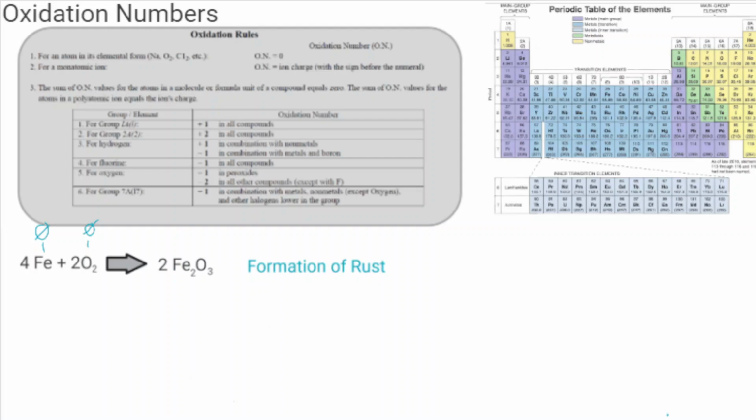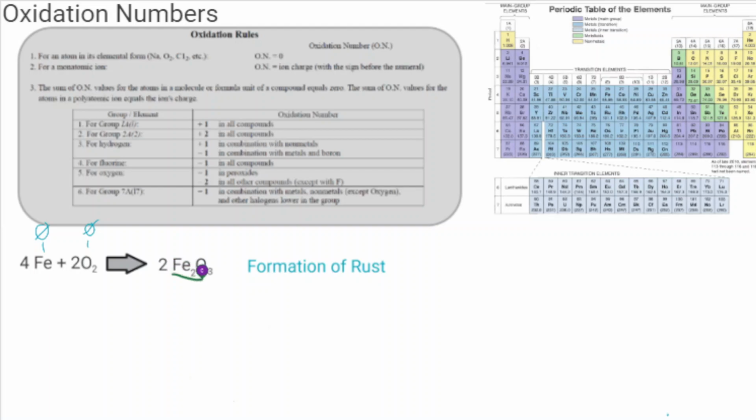All right, then we finally get over to the product side. Now we have our iron oxide here, and one thing to keep in mind is you don't need to worry about these coefficients here. That doesn't really affect the oxidation numbers of the molecule. And so we can quickly go through our list again.